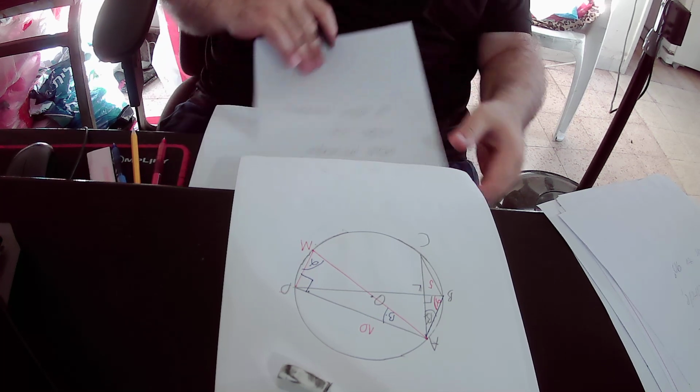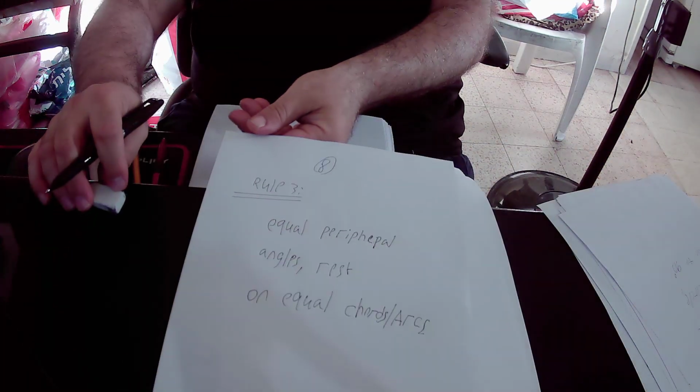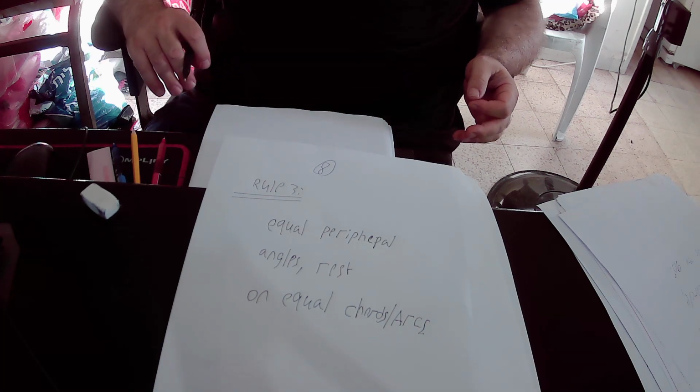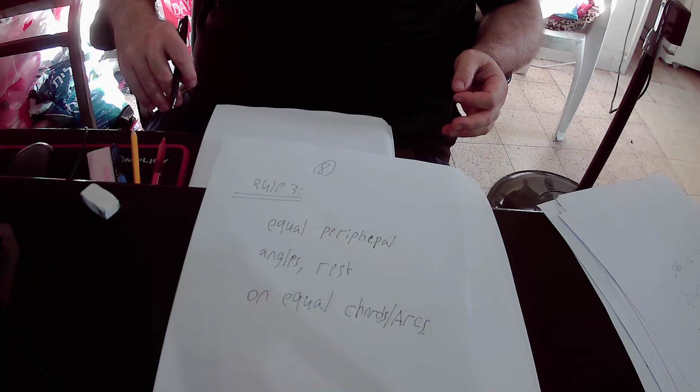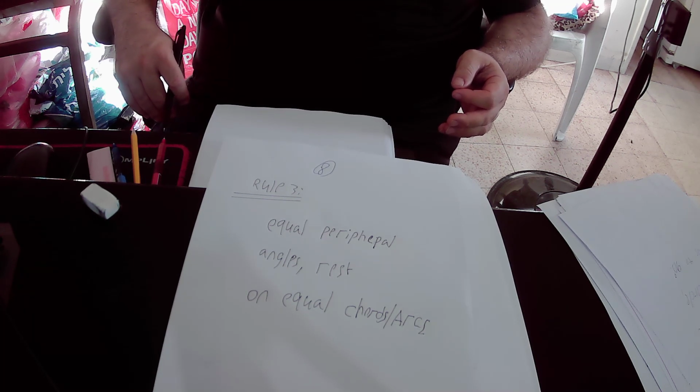I will read rule number 3 again. Rule number 3 states that equal peripheral angles rest on equal chords/arcs.